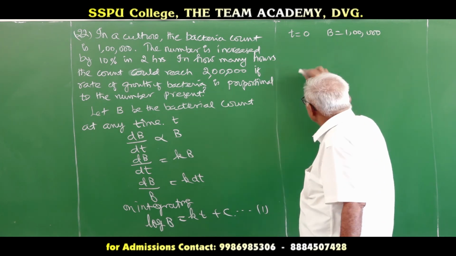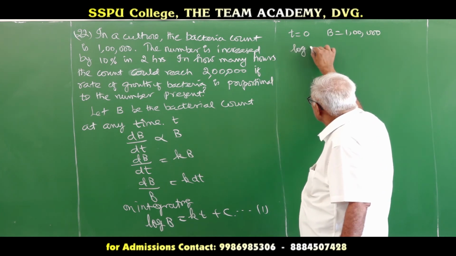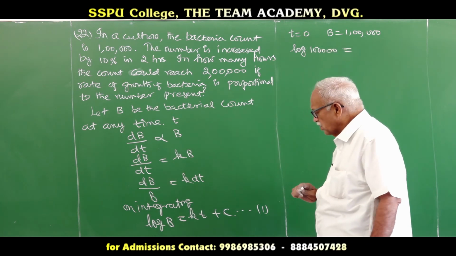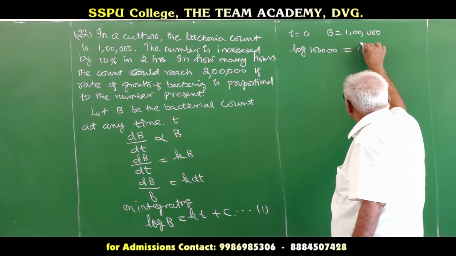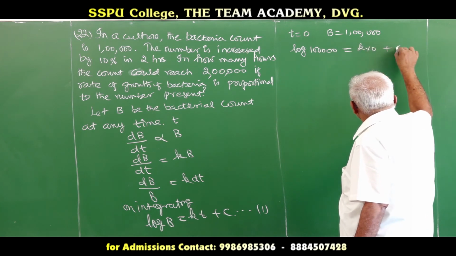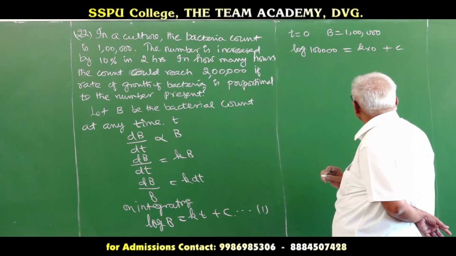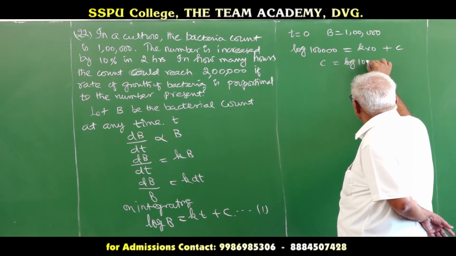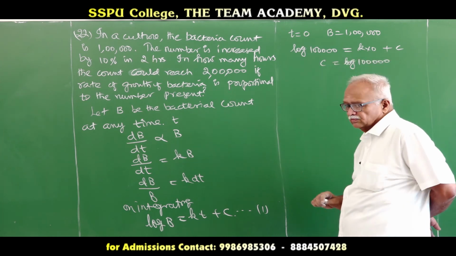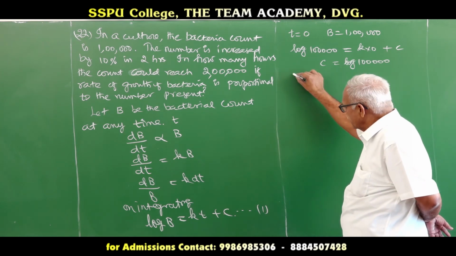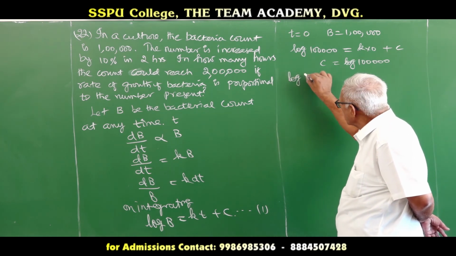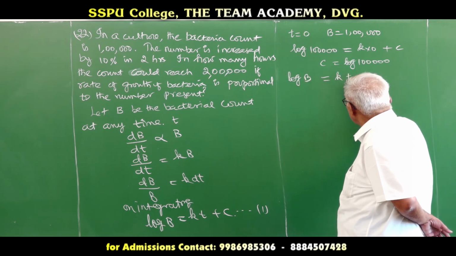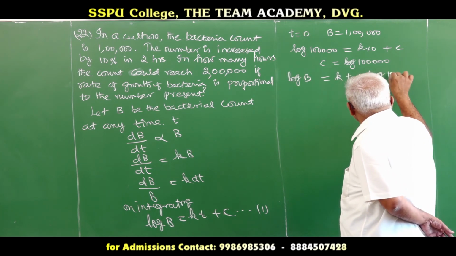Now put this in the first equation: log 1 lakh is equal to K into 0 plus C. Now C is equal to log 1 lakh. Okay. Now equation 1 becomes log B is equal to Kt plus log 1 lakh.